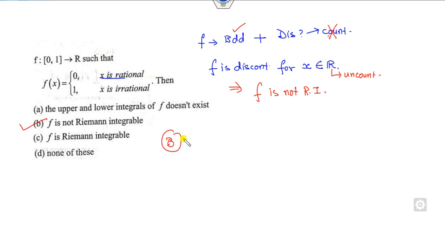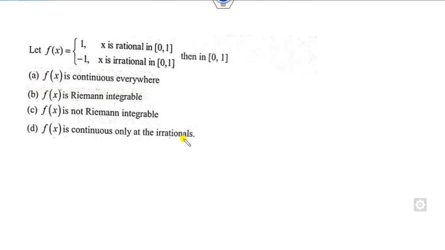Always remember my simple tips as I gave you earlier. Okay, look at this another one. Again you can see the function is bounded. Fine. So you need to prove whether it's continuous or whether it's discontinuous countably or not. You can see function is discontinuous for all the rationals. Function is discontinuous for all the irrational.